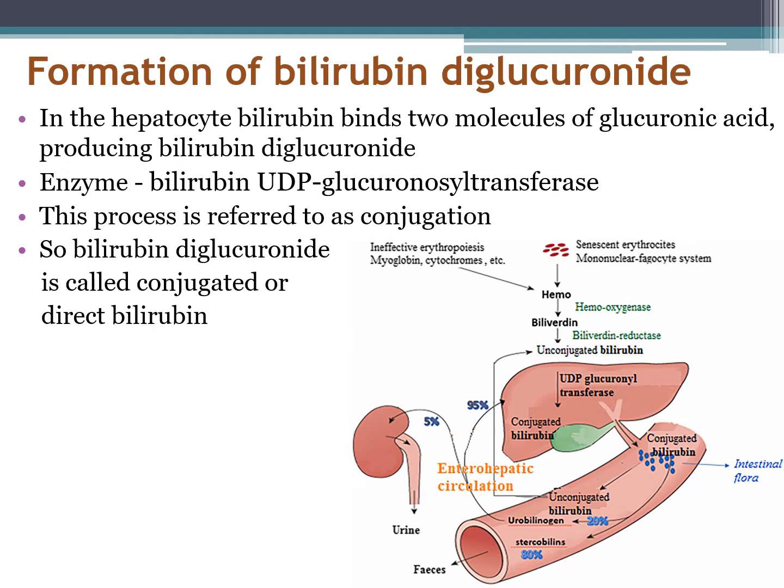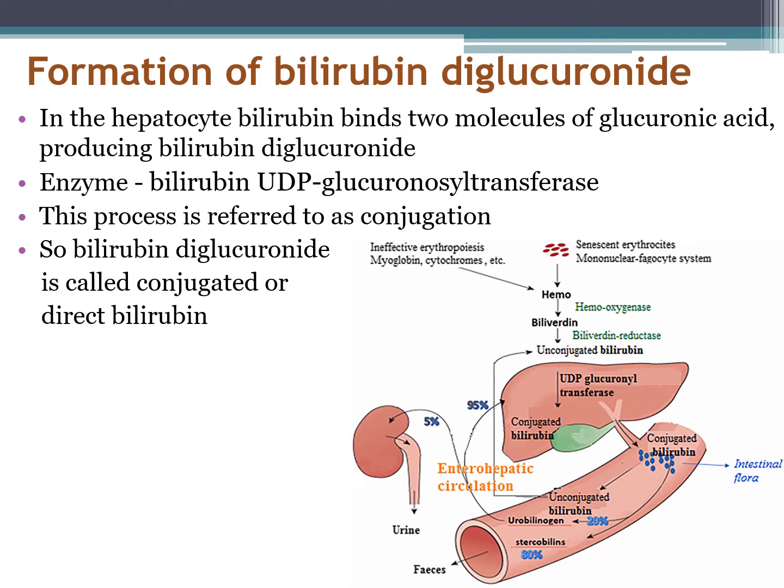Okay. So, formation of bilirubin diglucuronide. What have we learned till now? That the bilirubin enters the hepatocytes via facilitated diffusion. Once the bilirubin is inside the hepatocytes, it gets conjugated with two molecules of glucuronic acid.